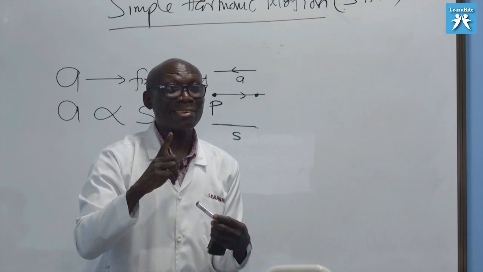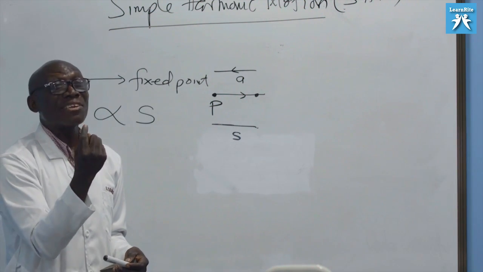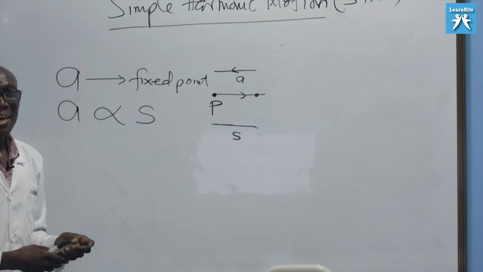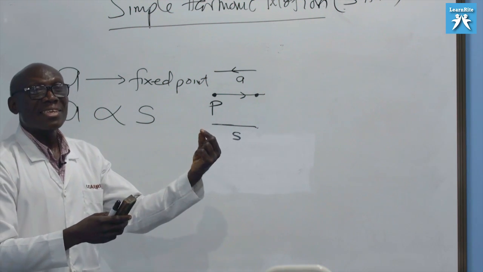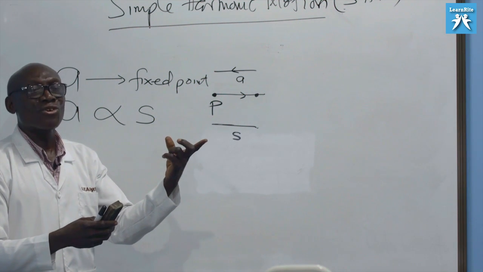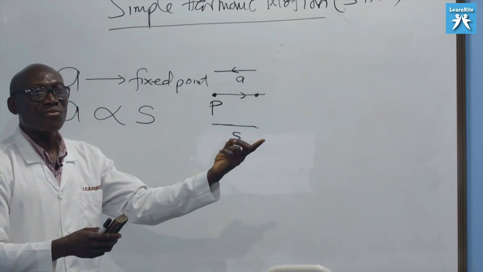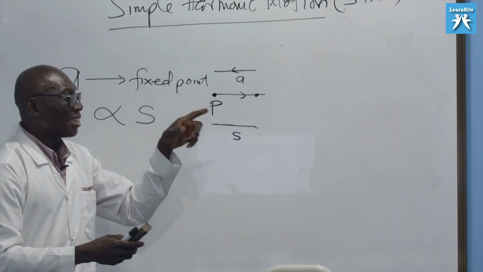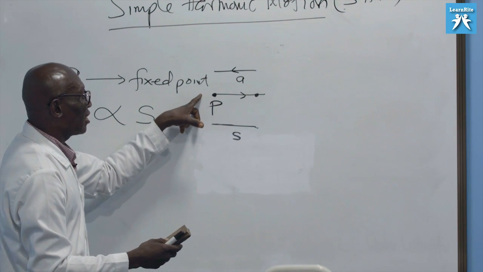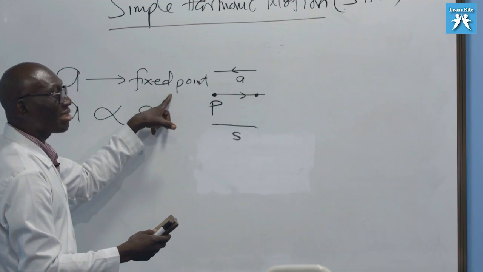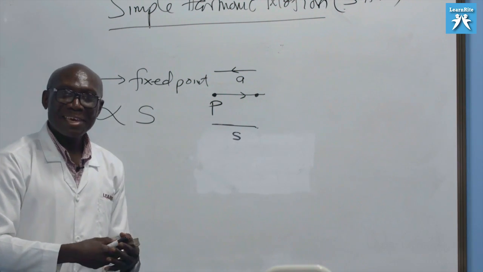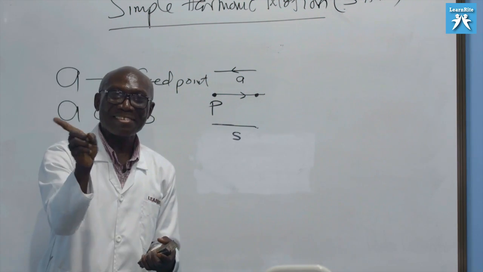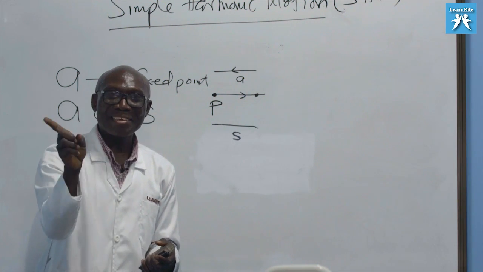And in fact, because the acceleration is directed opposite to the direction of motion, the body is forced to come back. The body crosses from this side to the fixed point to this side. Acceleration will direct it back again, and the body will end up doing this.